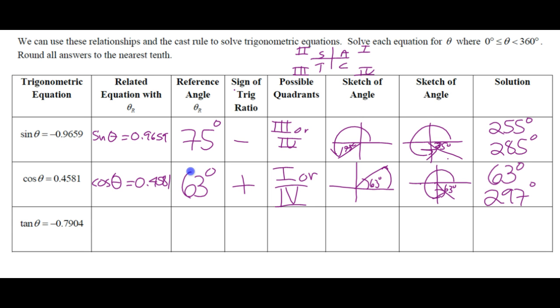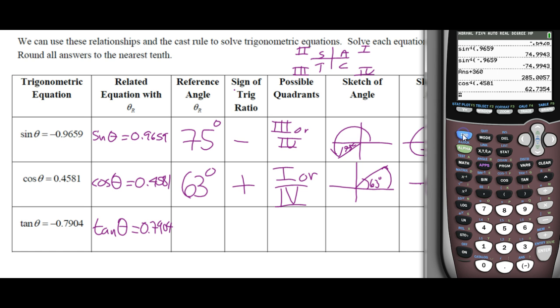Okay, so here's what we're going to do, right? Which I'm sure you're doing right now. Second, 0.7.